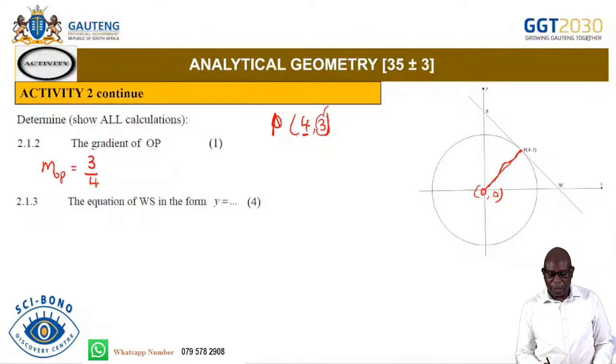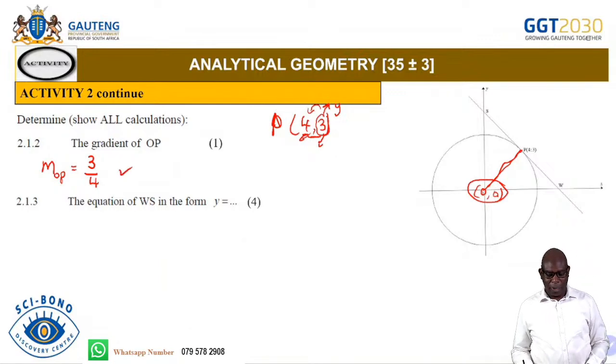So you take the y value over the x value, as long as your center is (0, 0). You see? So you are losing easy marks. Your point is given, so the gradient is the y value over the x value, the change in y over the change in x. So that's 1 mark. The equation of WS. So WS is your tangent. What do you know about the radius and the tangent in a circle?